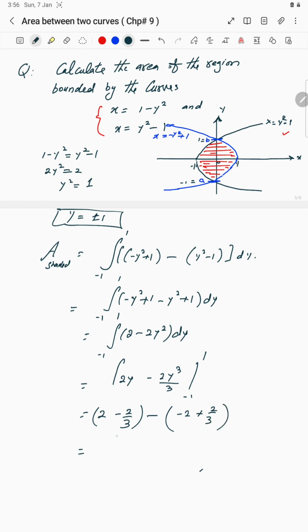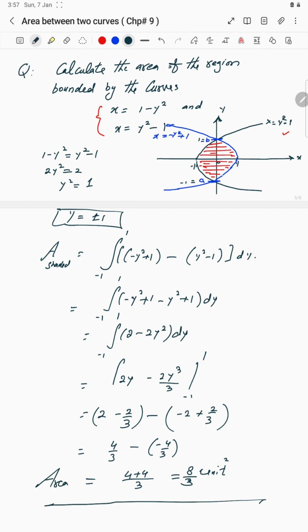It goes to be 4 by 3 minus minus 4 by 3. Once you simplify it, it becomes 4 plus 4 by 3, so 8 by 3 square unit is the required answer for this shaded area. I hope it is clear.